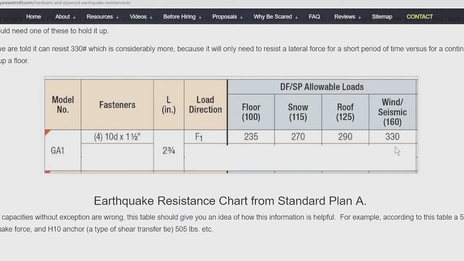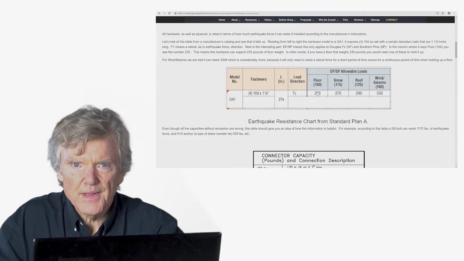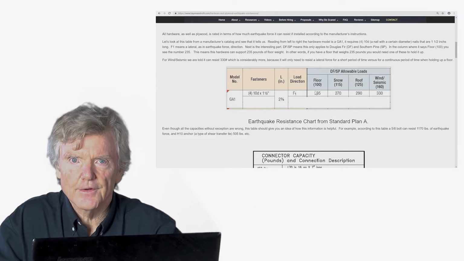So every time you look in a hardware manufacturer's catalog and it says something can resist, say, 100 pounds, you just multiply that by 1.6, so that from an earthquake point of view, you can say this resists 160 pounds. So when you're designing a retrofit, you always need to keep that in mind. That's basically how you read these catalogs.